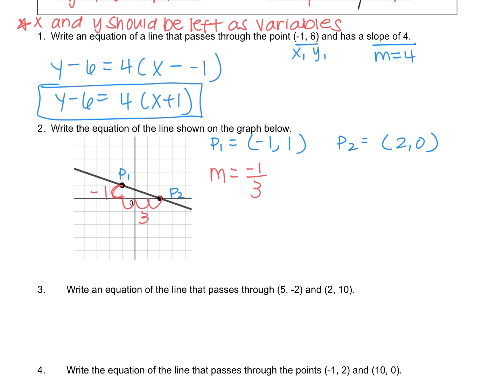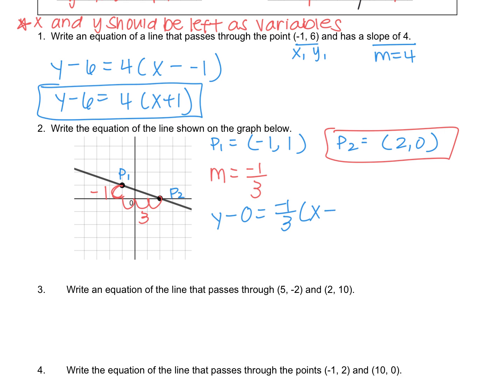Now, I can pick either point. P1 or P2. I'm going to pick P2 just because I felt like it. So I'm going to do y minus y1. So y minus what? 0 equals m, so -1/3 parentheses x minus x1.